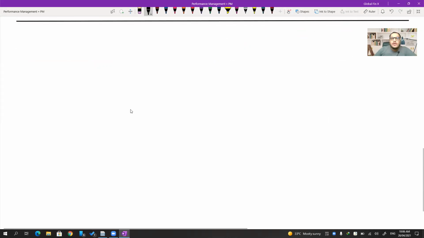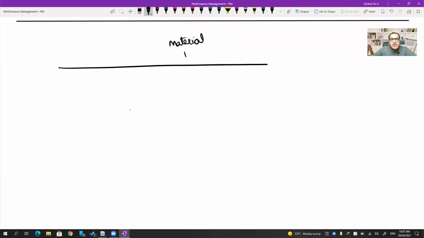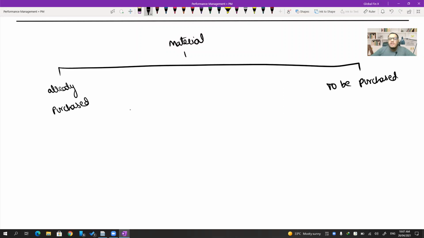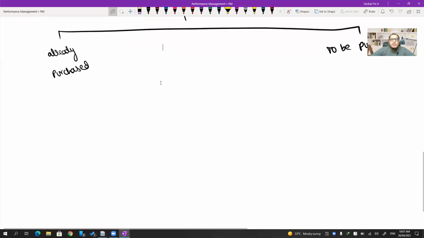Okay. So when we are talking about materials, we know that the material has either already been purchased or is to be purchased. If the material is already purchased, then there are possible cases.